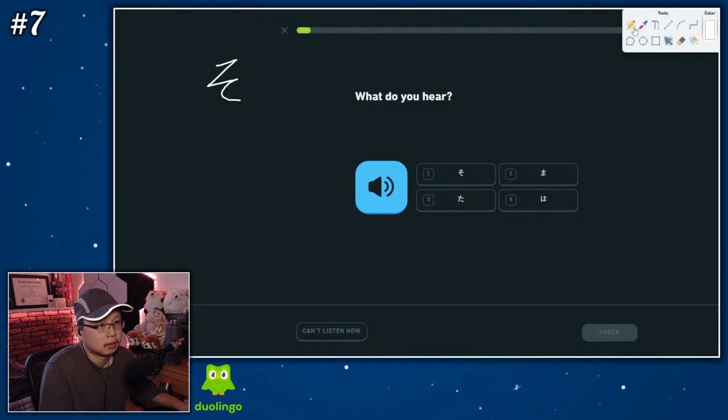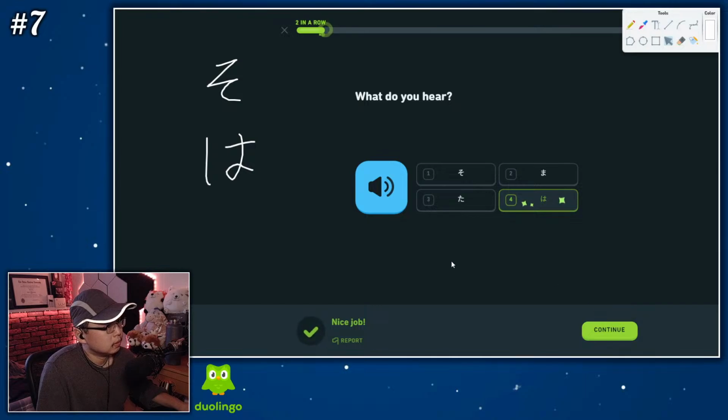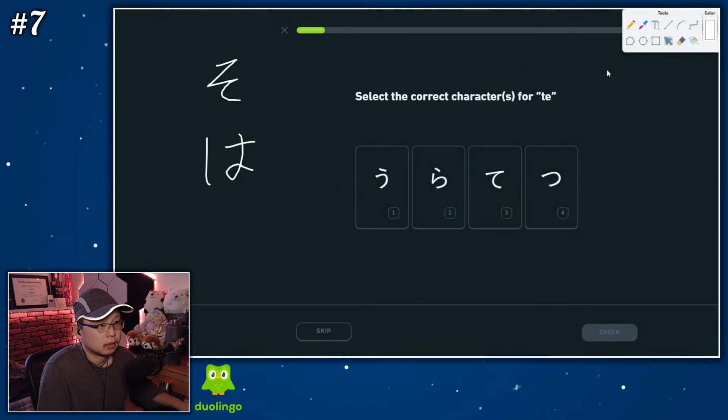Ha. I guess there's a little tail. Ha, so ma, ta, te. That's a little bit too extended, but that's fine. Te. This is u, ra, tsu.